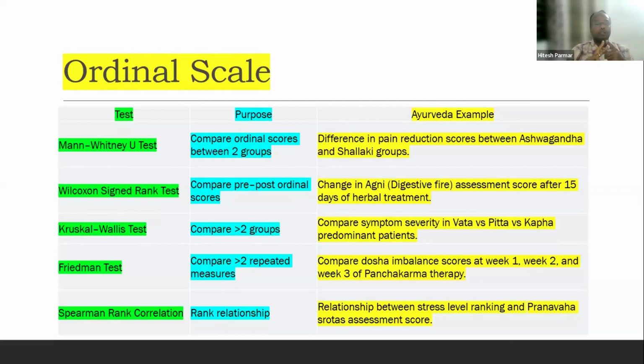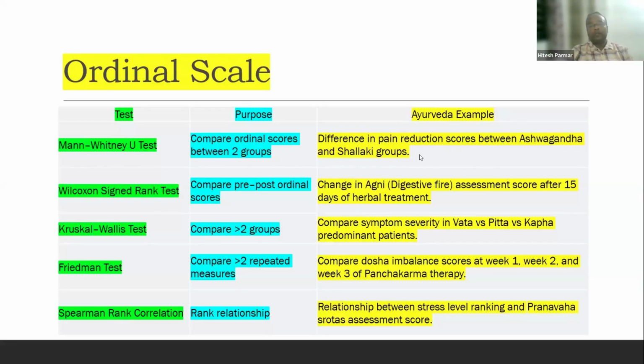Are you dealing with 2 groups or more than 2 groups? Because for 2 groups the test is different, and for more than 2 groups the test is different. If you are comparing 2 groups, then your non-parametric test will be the Mann-Whitney U test. Say for example, difference in pain reduction scores between Ashwagandha and Shalaka groups.